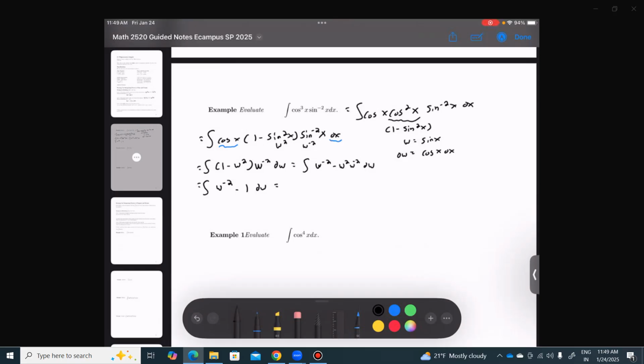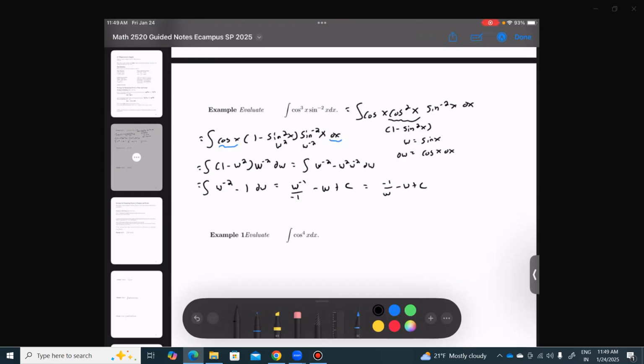So when we integrate w to the negative 2, that power goes up to negative 1, and we divide by negative 1. So we get w to the negative 1 over negative 1 minus w plus c. Can't forget our constant. And so now we can rewrite this as negative 1 over w minus w plus c.